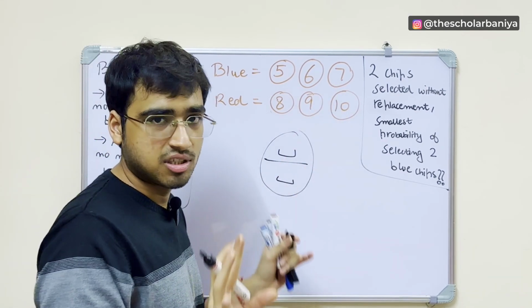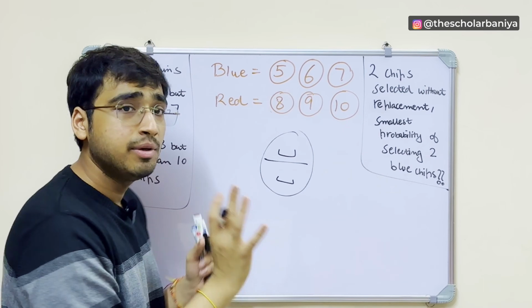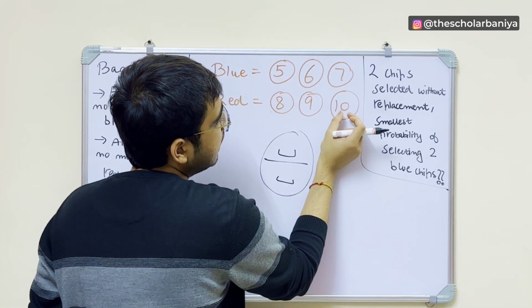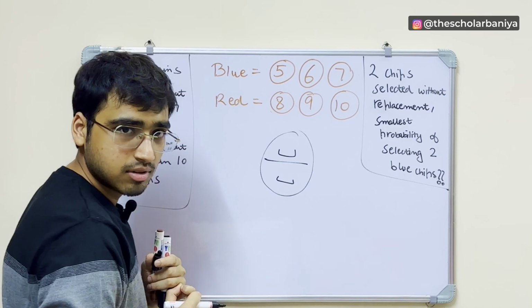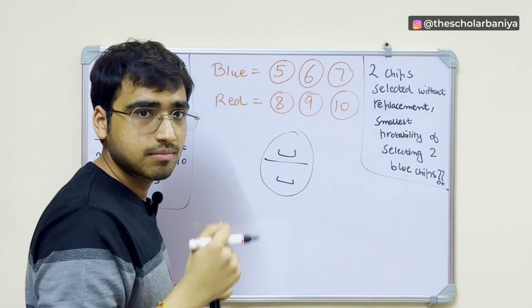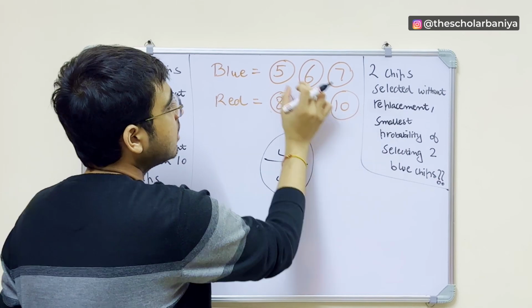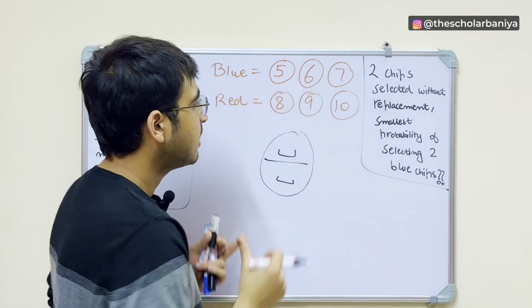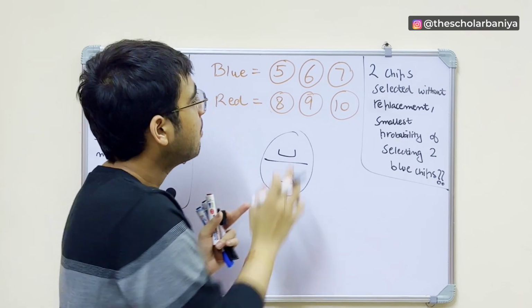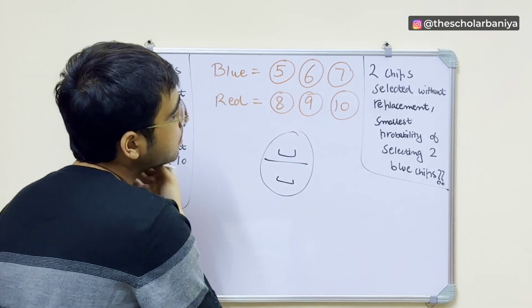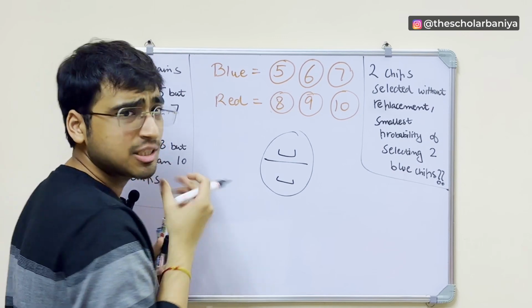That will be largest, the denominator will be huge. And for example, if you select 10 from here and 5 from here, then it will still be very large, but blue chips will be small, right? I hope this makes pretty good sense.